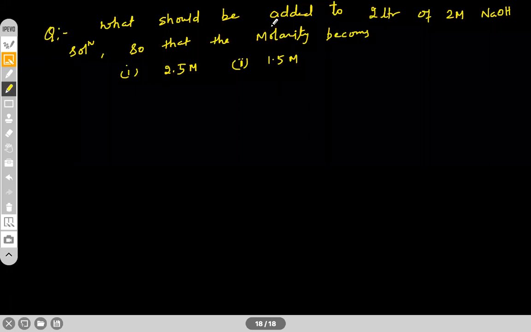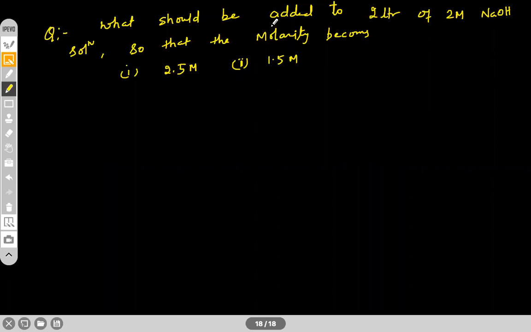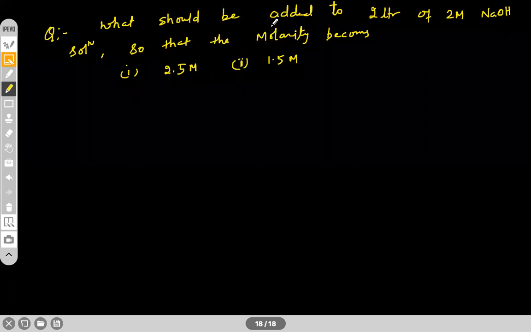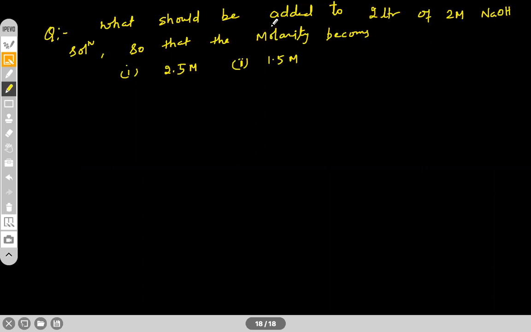What do we need to add? 120 gram of what? Acha, NaOH. Okay. I think both are not correct, Aditi. Yes, that's right, Ansh. 1 mole of NaOH and 0.66 liter of solvent you need to add.